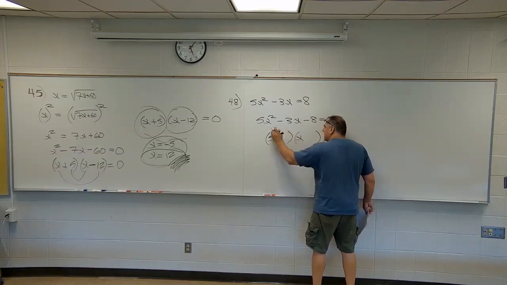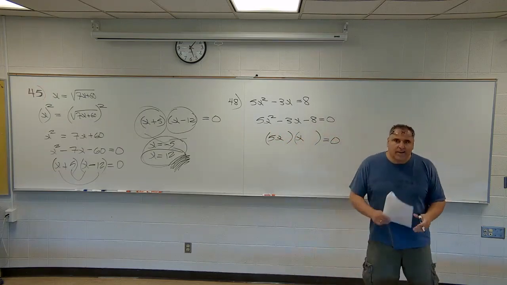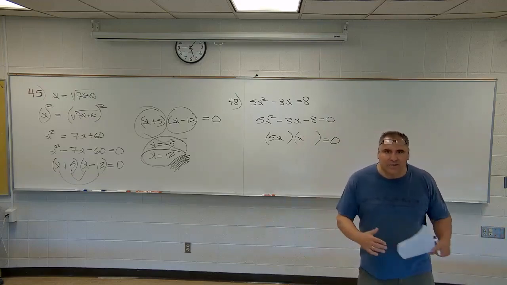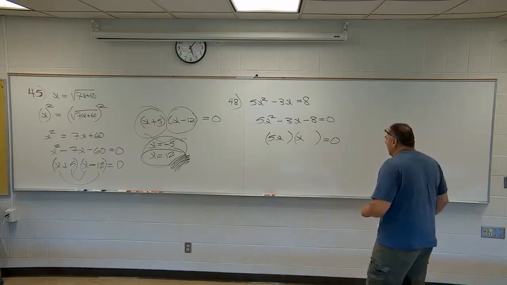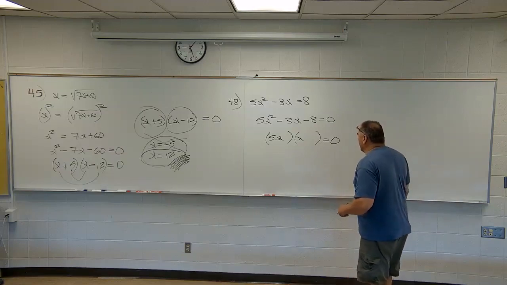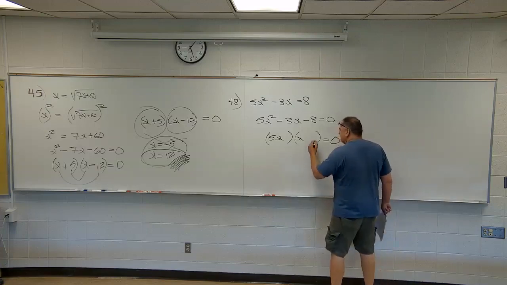5x times x is 5x squared. 8, 1 times 8, 2 times 4. Now, where I put the 4 and the 2 does matter now, because there's an x and there's a 5x. Let's take a look. I'm trying to get the negative 3 in there. I got a feeling it might be a lot easier than we think.